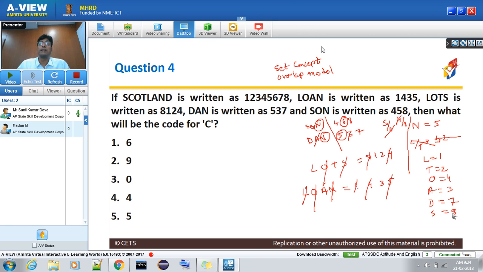Initially when we see the question, if I summarize it, the first step is you will not start with Scotland, you will start with the smallest one.